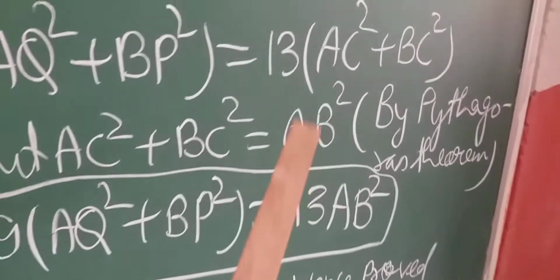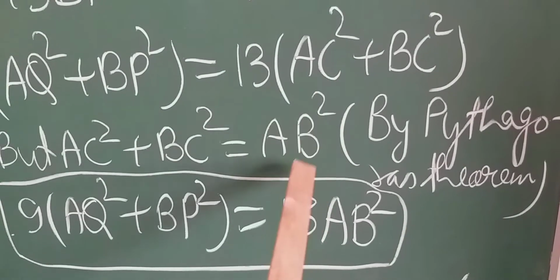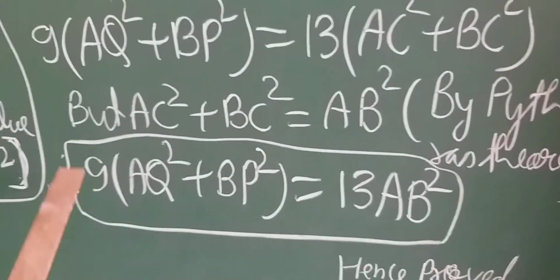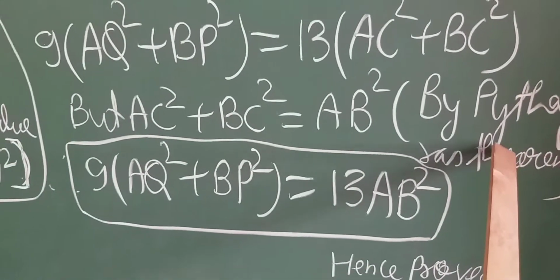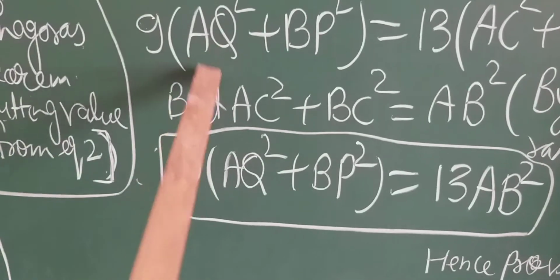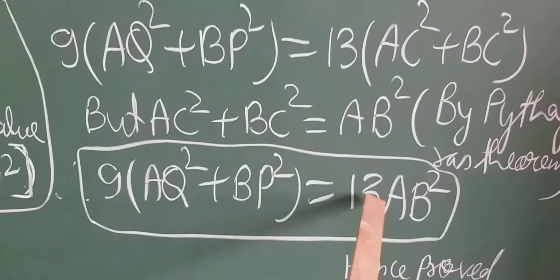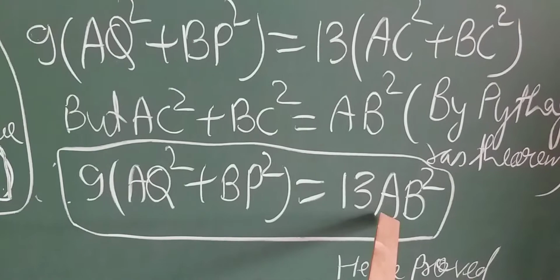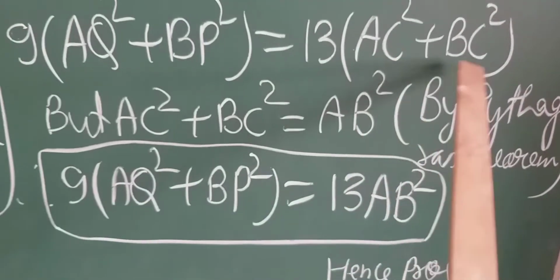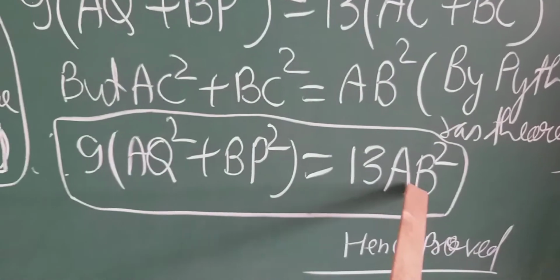So at the place of AC square plus BC square we can write AB square. Then it becomes 9(AQ square plus BP square) equals 13 AB square.